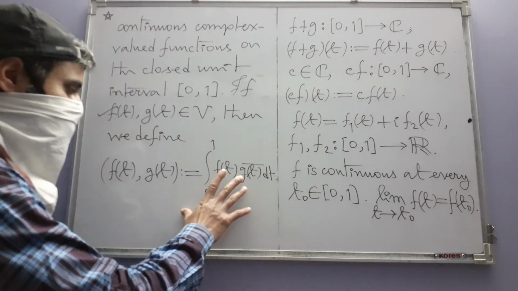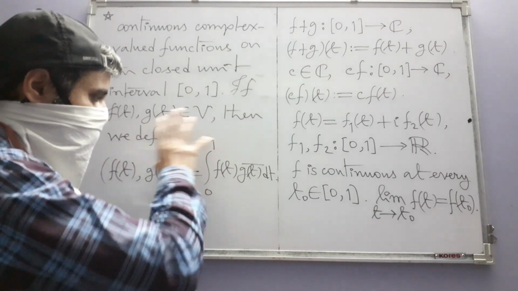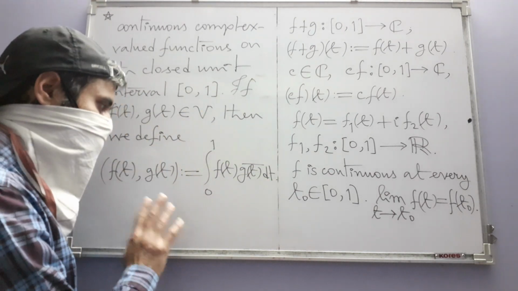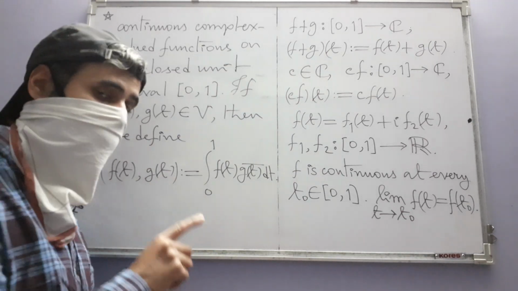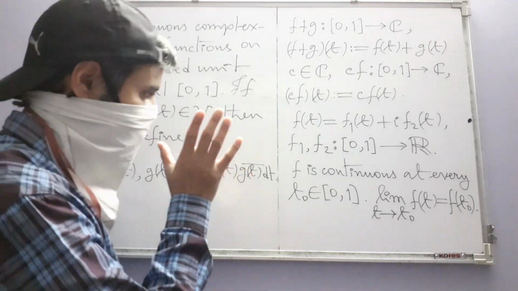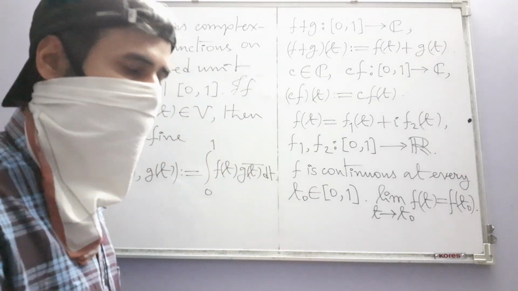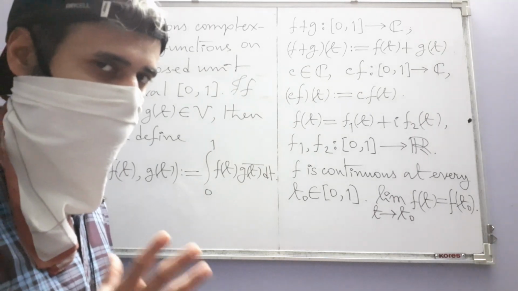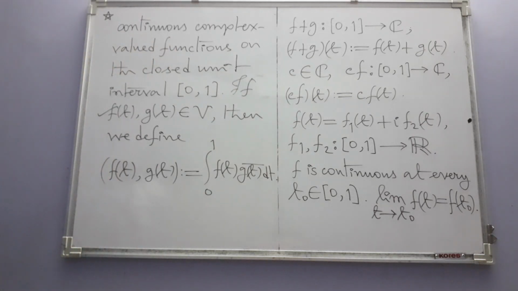Now, when you try to verify that this thing is an inner product, first of all, you have to make sure that this function is well defined. That thing is still there. No matter what function you define in any part of mathematics, it needs to actually be a function. It needs to be well defined. Okay.